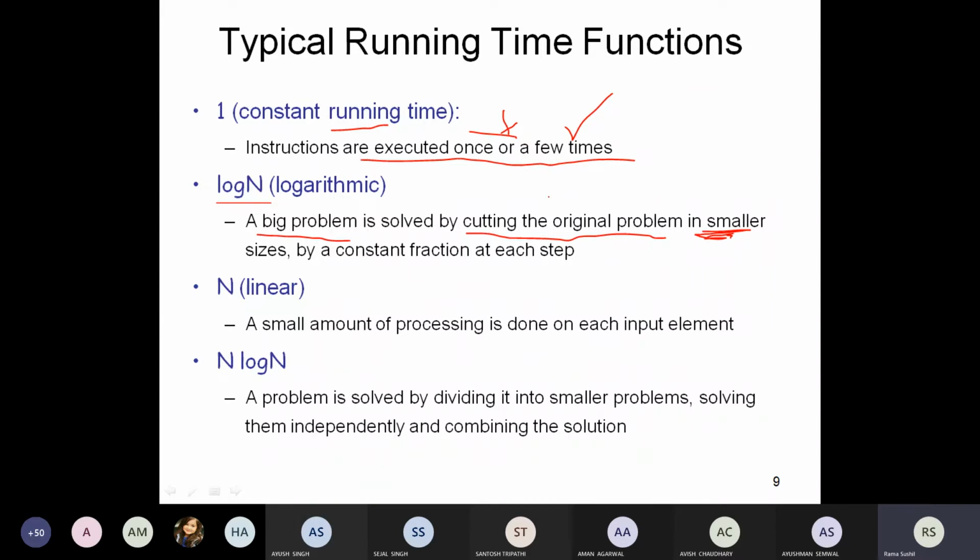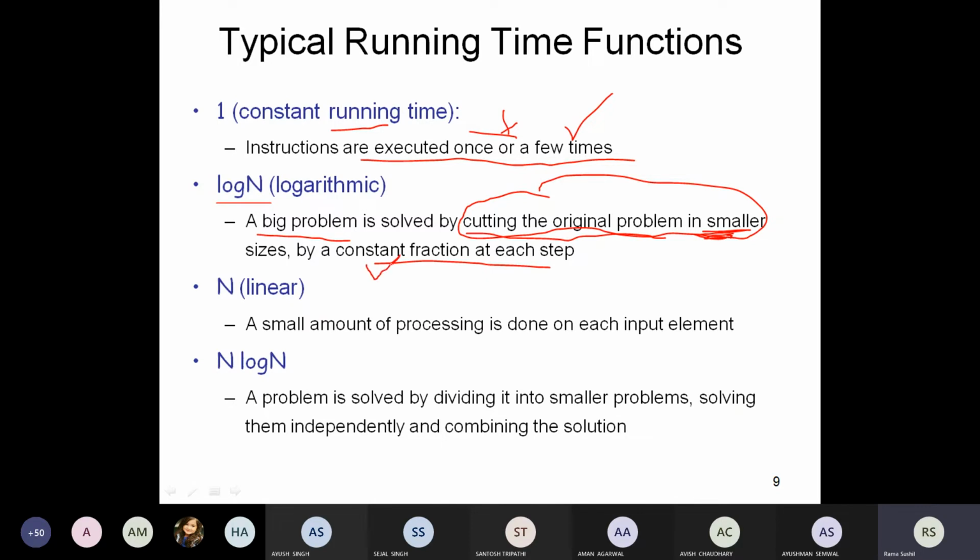So divide and conquer is what? Cutting the original problem into a smaller one. So it's related to divide and conquer, but it does not mean all divide and conquer is going to give you exactly log n, but you can have an idea about when the logarithmic complexity can come up. Okay, so by a constant fraction at each step.